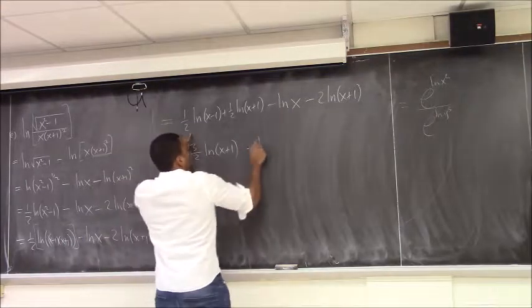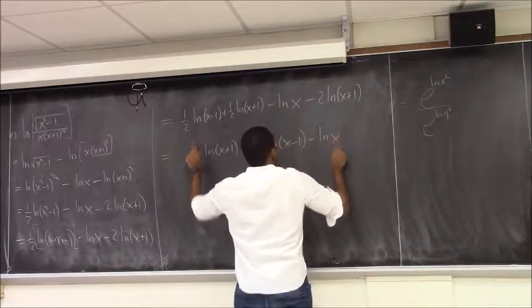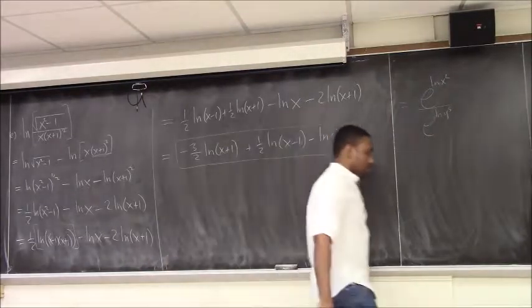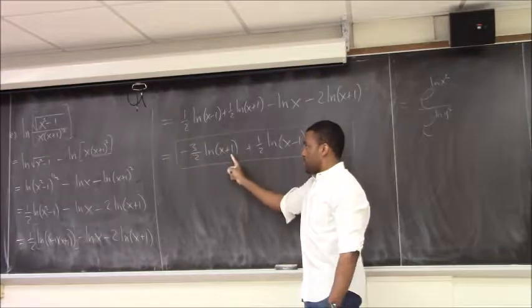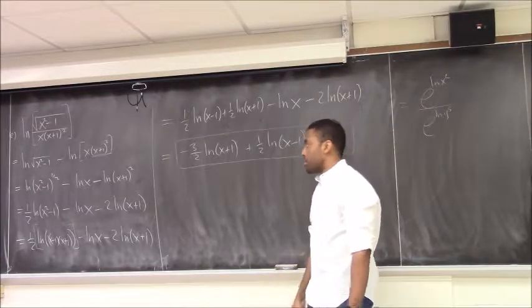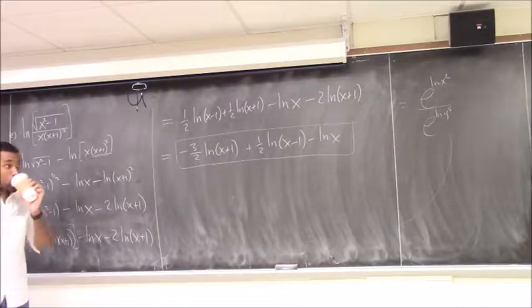And this guy, that's a half ln of x minus 1 minus ln of x. And that's pretty simple. Can't really break it down any more. There are no more log rules to apply here. Log of something plus something, I don't have a rule to do that. Nor do I have a rule for log of something minus something. So that's as far as I can go.